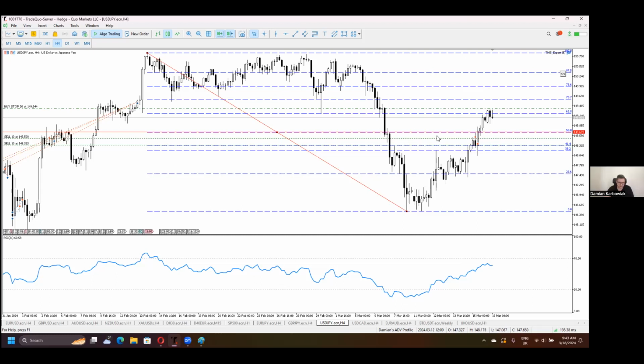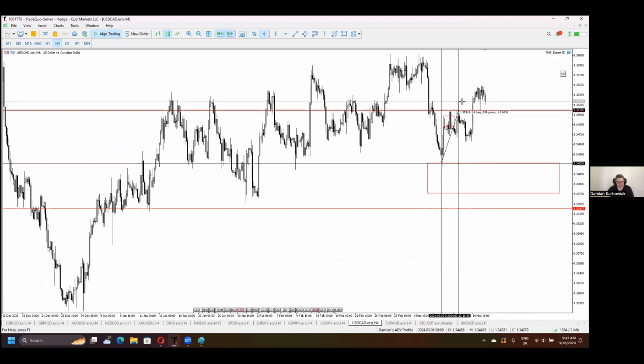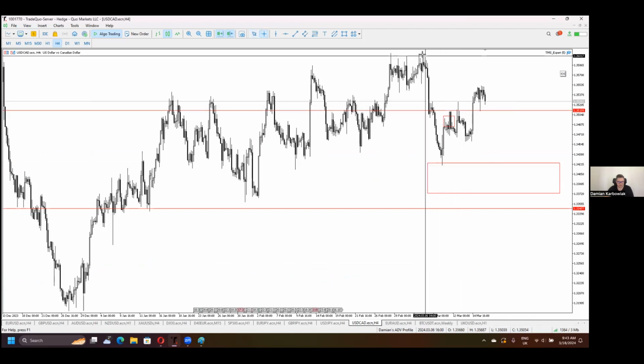All right. So let me have a look for the last two. USD CAD is the first one. USD CAD touched the level of 1-to-1 right here. This up movement created the overbalance of the biggest correction in the last movement.